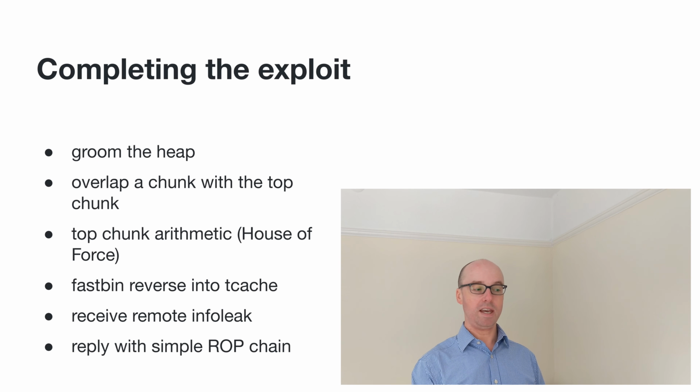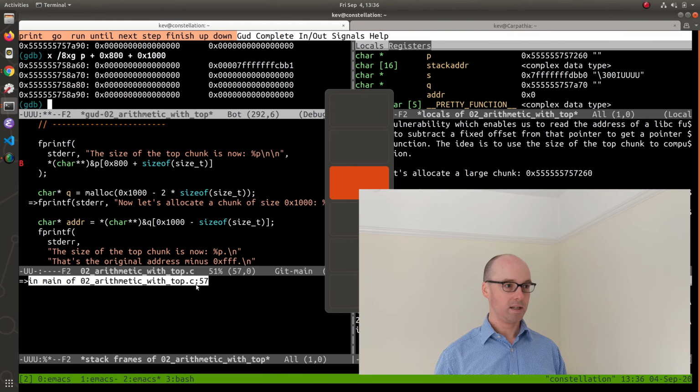And then as a result of that call to the TCP send, I receive that info leak, and then I'm able to send back my ROP chain, which gets copied onto the stack due to that behavior of the fastbin reverse into tcache technique. So let's take a look.